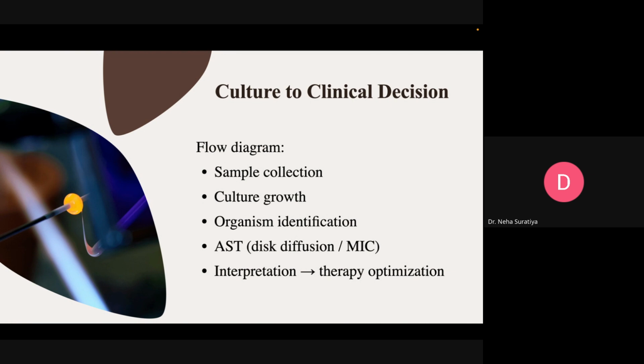But if some organism is isolated from blood or another sample, the treatment approach will be completely different. Urine culture is suggesting E. coli sensitive to antibiotics, but in blood culture, if the isolated organism is showing a resistant strain, the treatment approach will be different, even with the same susceptibility report.